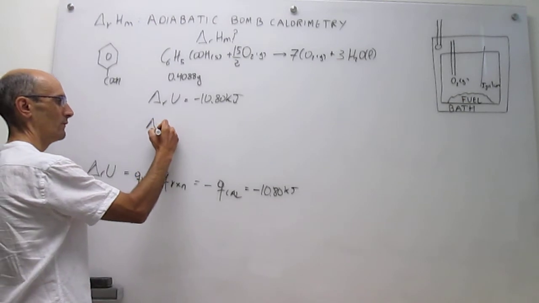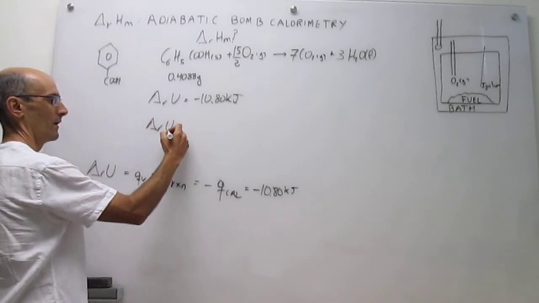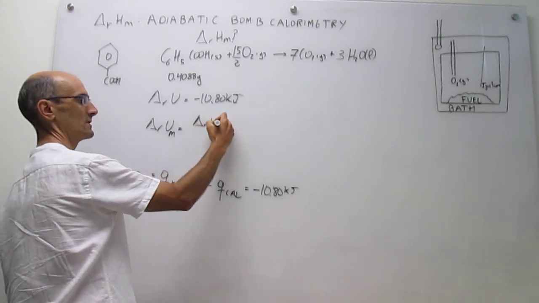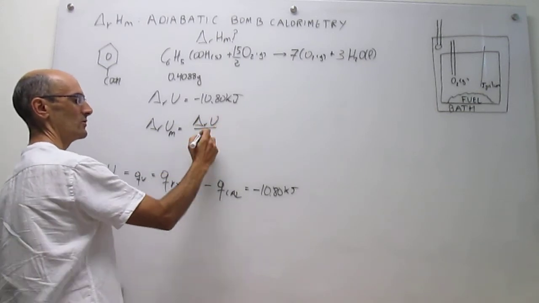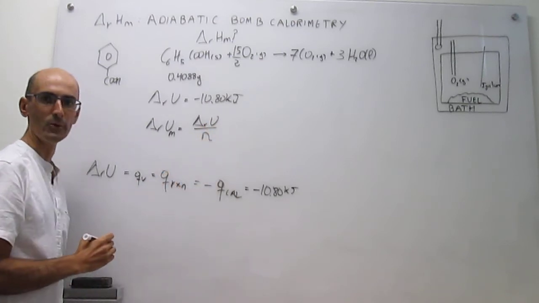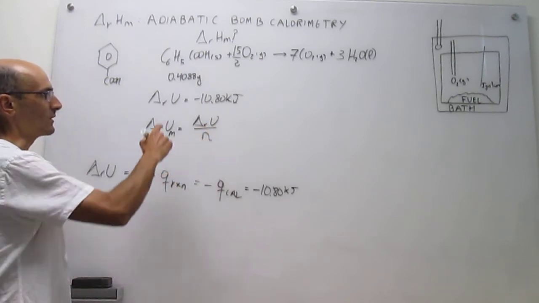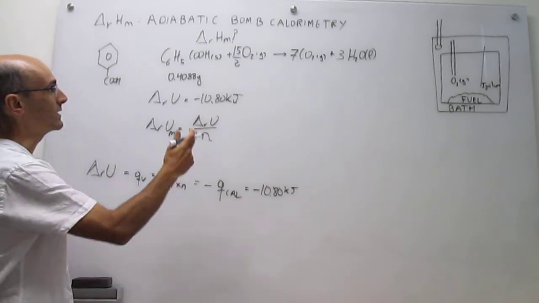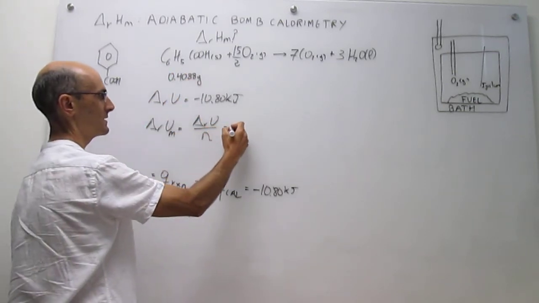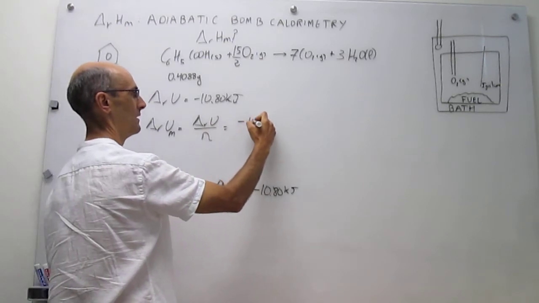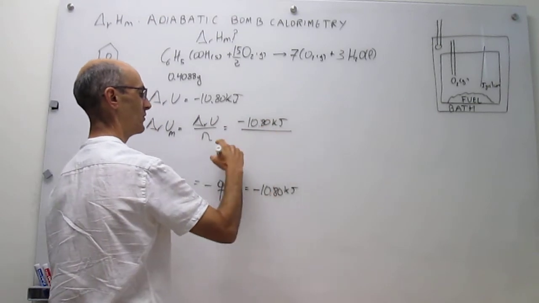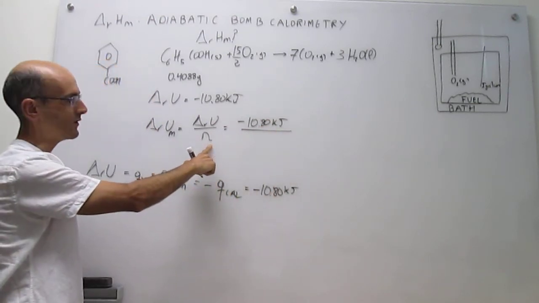Remember that to go from the internal energy to the internal energy per mole, the only thing that you have to do is take the change in internal energy of the reaction and divide it over the number of moles. And that is easy to calculate because we have the mass, and we know the molar mass of benzoic acid. We actually have this stoichiometry. So this is simply going to be minus 10.80 kilojoules divided over moles, which is mass divided over molar mass.